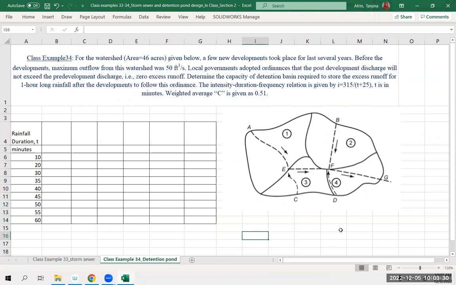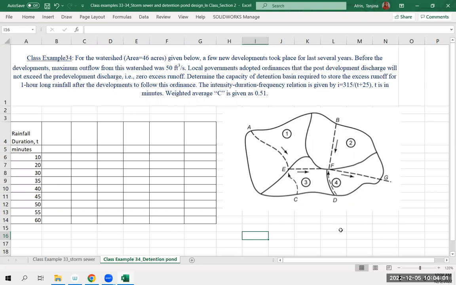So who wants to read class example 34? Watershed area, 46 acres. Previous development took place for the last several years. Before the development, maximum runoff in the watershed was 50 cubic feet per second. Local government found the ordinance to emphasize that post-development discharge will not exceed the pre-development discharge, i.e. zero excess runoff.